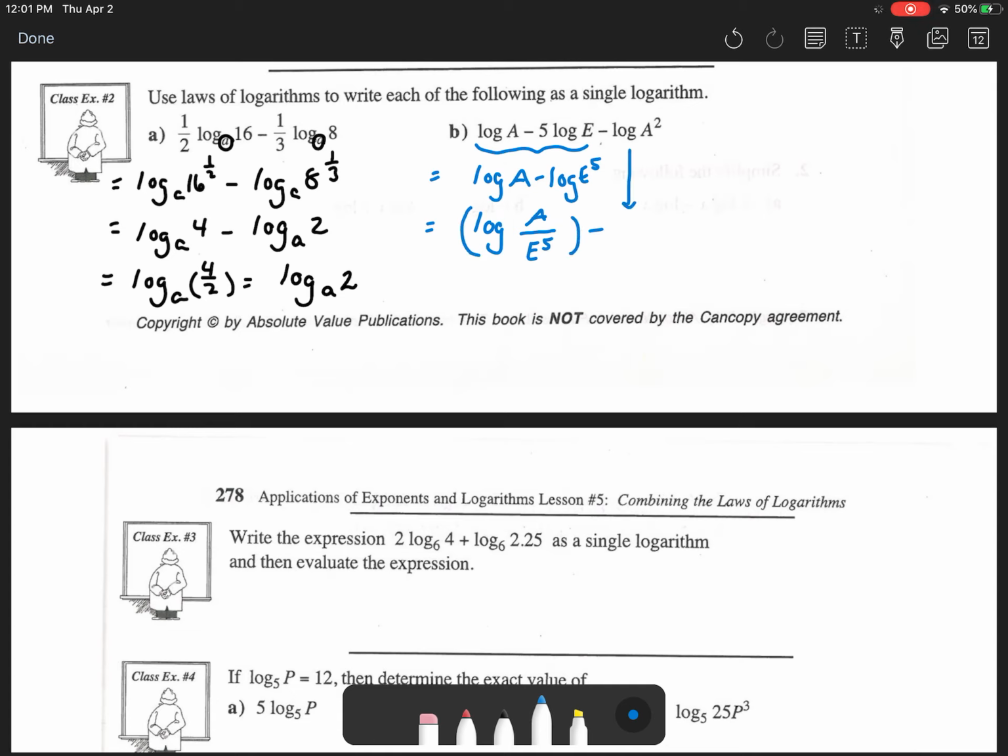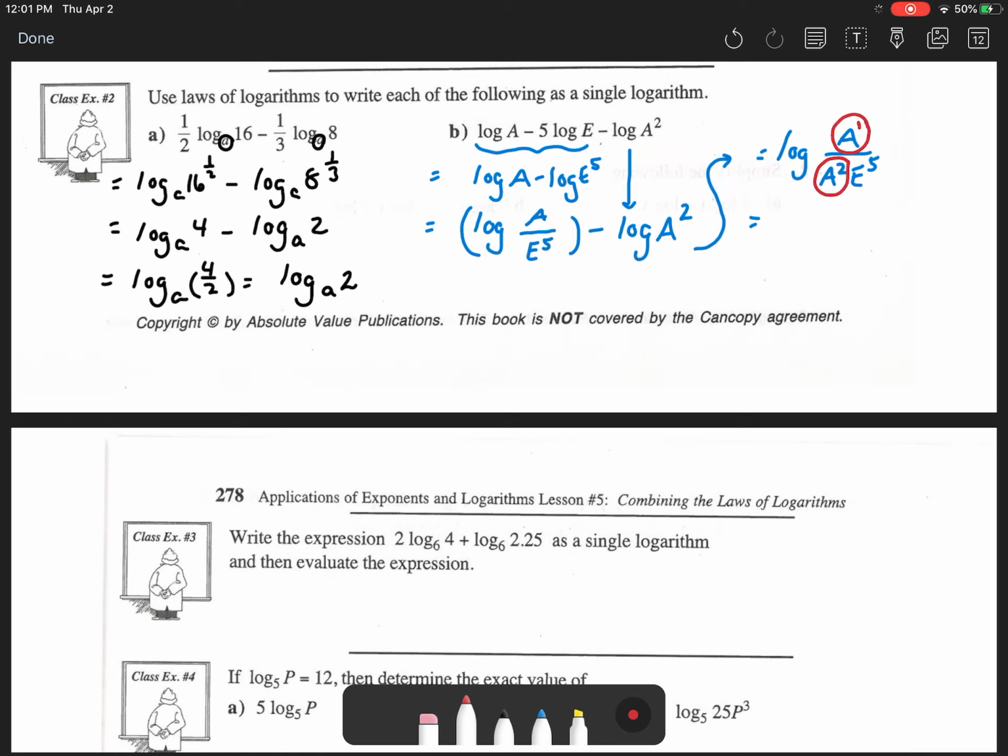Now this is still coming down, so you still have to subtract the log of a squared. So we are subtracting log expressions with the same base, divide the arguments. So this will just end up being log base 10 of a all over, now, you will have a squared and e to the fifth. At this point, all I can do is simplify, because this is like a to the exponent of 1.